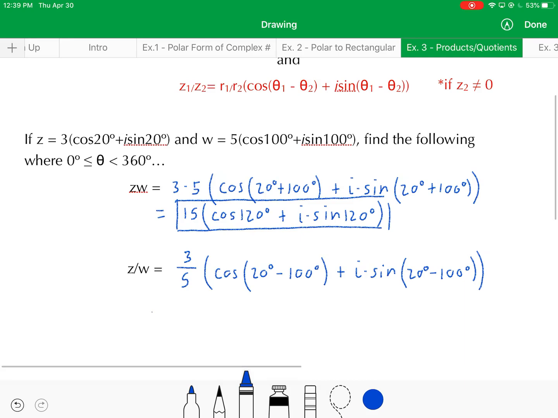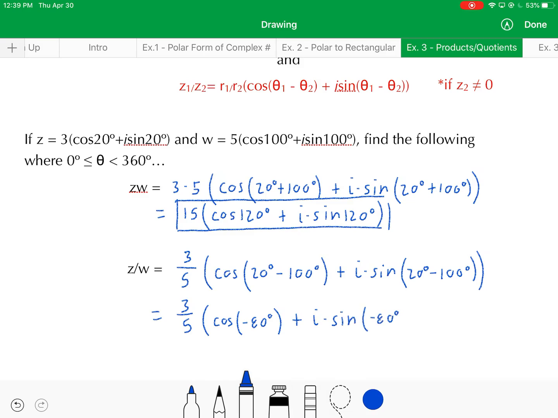Okay, now cleaning this up, that gives me 3/5 times cosine of negative 80 degrees plus I times the sine of negative 80 degrees. And some of you are going to be tempted to leave that as is, but then you would be violating the rule that theta is supposed to be between 0 and 360, right?